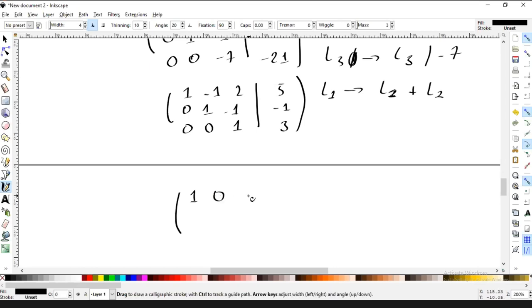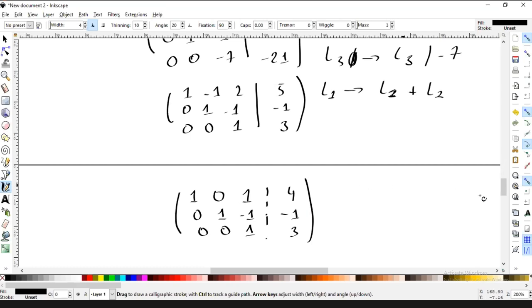And L1 plus L2, so I get 1, and 5 minus 1, I get 4, I get 0 1 minus 1 0 0 1 minus 1.